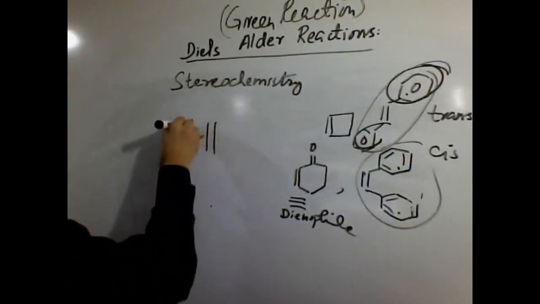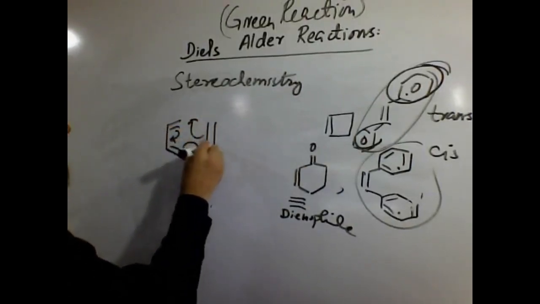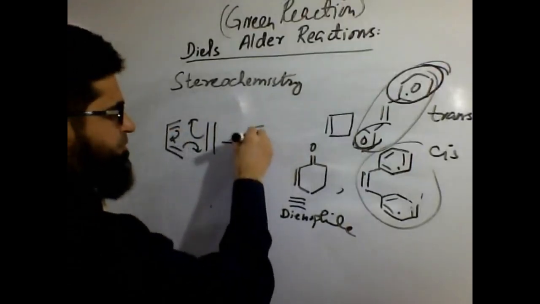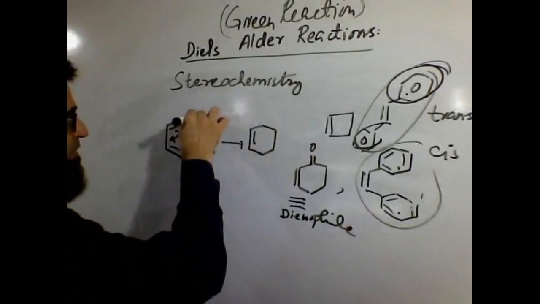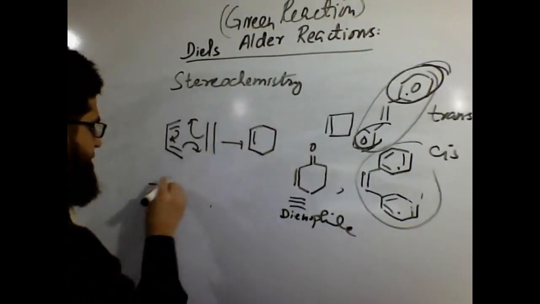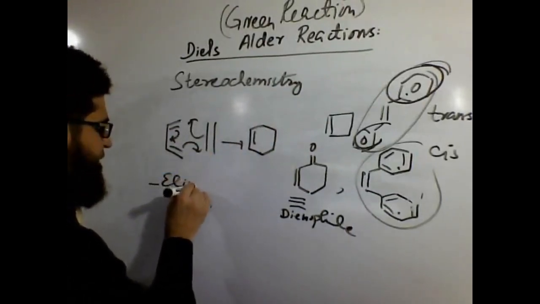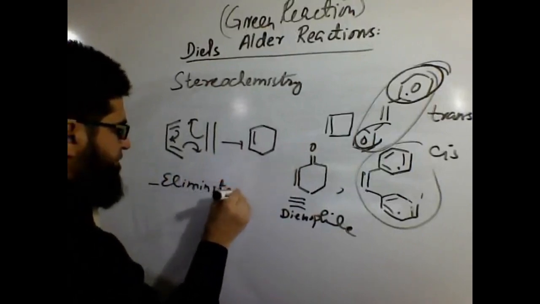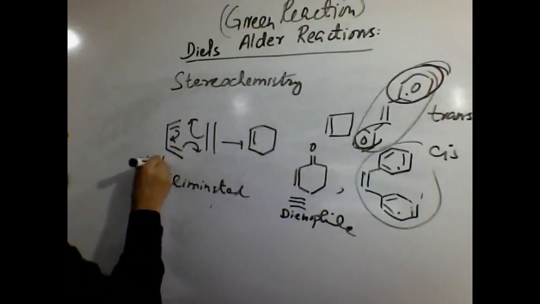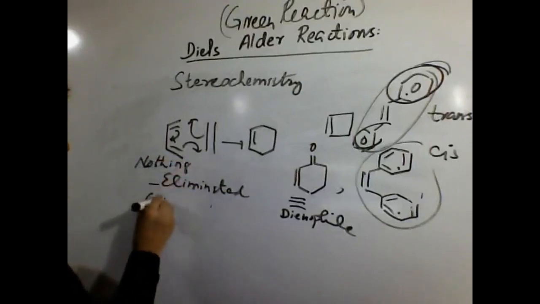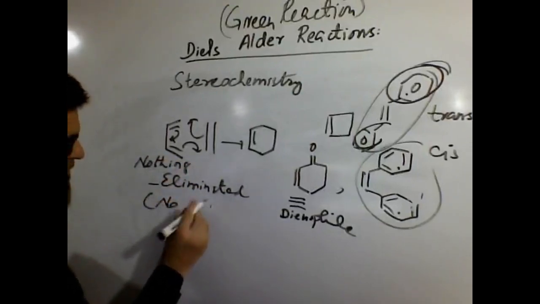Movement of pi bonds gives us a cyclic product. Nothing has been eliminated. No byproduct.